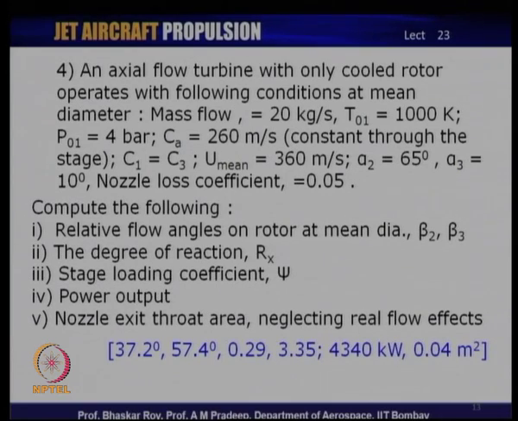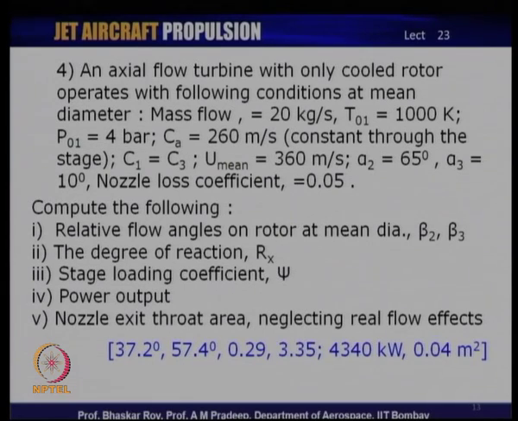and you can still find the nozzle exit throat area. And if you adopt all these prescriptions, the answers that you would be getting are the relative flow angles of 37.2 degrees and 57.4 degrees respectively. The degree of reaction would be 0.29. The stage loading coefficient would be a very good 3.35.